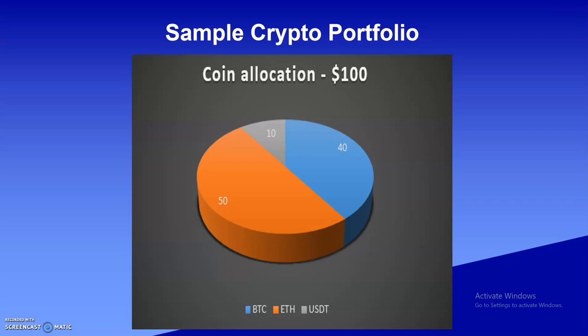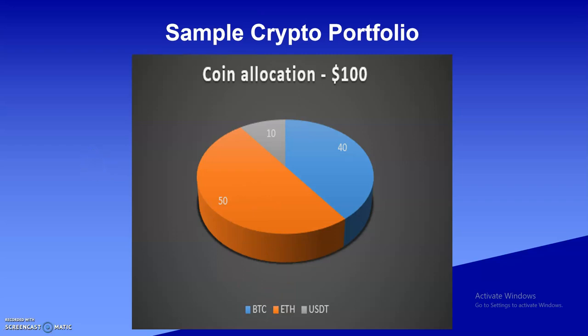Once you're ready and you feel you're comfortable and you've learned how to go about navigating in the space, then you can do a proper investment. So as a guide, when you're doing your proper investment for a bigger value, I would say we need to look at definitely having some Bitcoin in our portfolio, some Bitcoin, some Ethereum, and USDT.